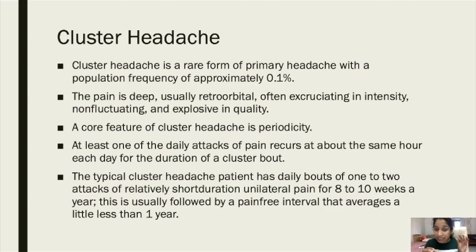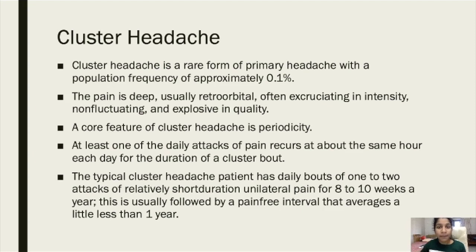A typical cluster headache patient has daily bouts of 1 or 2 attacks. So 1 or 2 times in a day they will get this attack, and it is for a short duration. There will be unilateral pain, only one eye, because we told this cluster headache will be seen retrobulbar. Behind the orbit you will get this headache. So one side only, and it will be there for 8 to 10 weeks in a year. In between there won't be any attack.